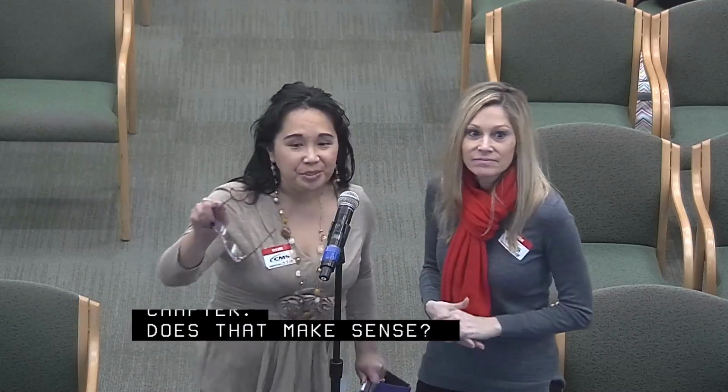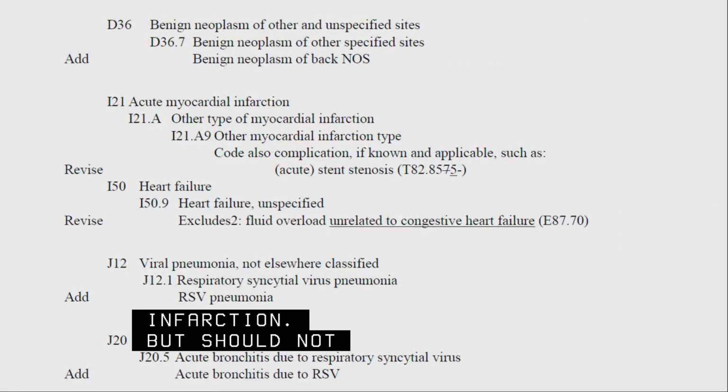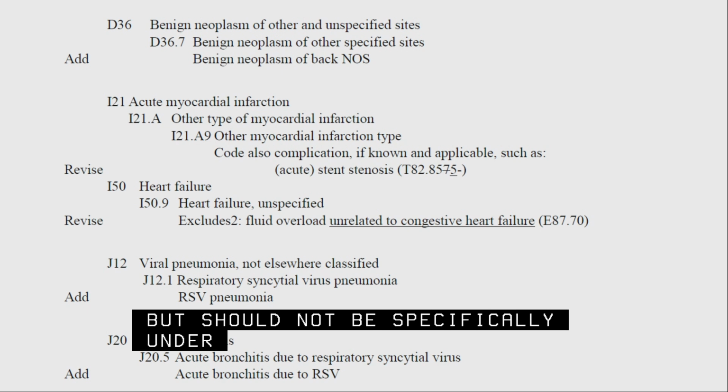So we first proposed that the T82.1 should go under I21 with a code first note, because the T code would go before the I21. Right, but it should not be specifically under I21.A9, because in the records, when the infarction occurs related to the stent, we know the site.